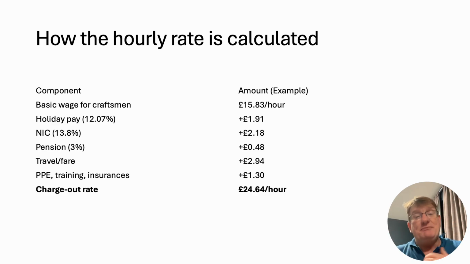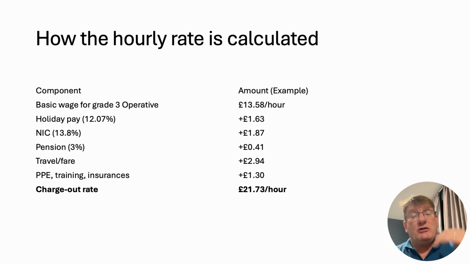So this is a minimum that they recommend, so for this particular case it's £24.64 an hour, and that's how they've got to that figure. For this particular type of operative, it's £20.37. For a basic operative, it's £20.70.